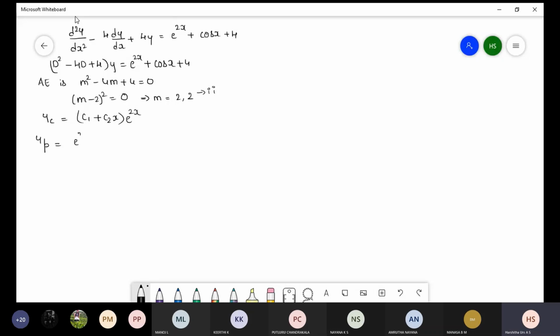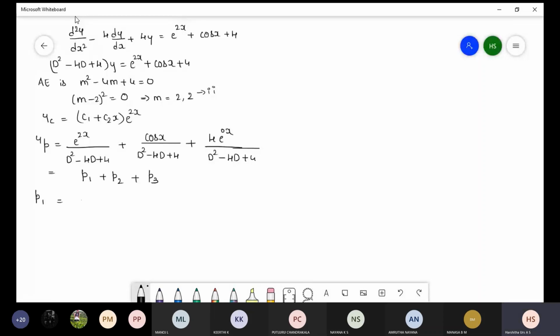So here I write the yp individually. e power 2x divided by d square minus 4d plus 4, plus cos x divided by d square minus 4d plus 4, plus 4, here we can write e power 0x divided by d square minus 4d plus 4. Here I write p1 plus p2 plus p3.